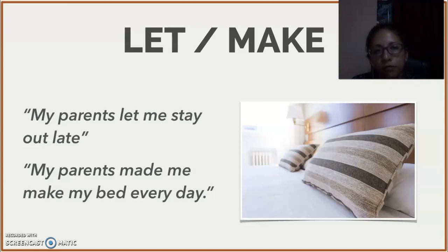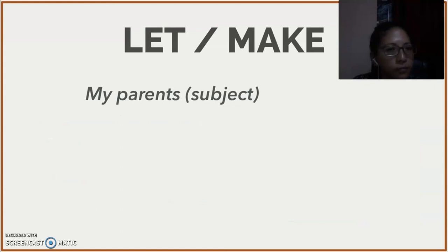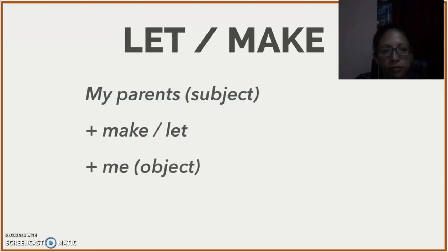So let's look at how to form these sentences before looking at more examples. We start with the subject in most cases, so I gave two examples using my parents, and then we just use make or let. Okay, my parents made, my parents let. And then we use the object.